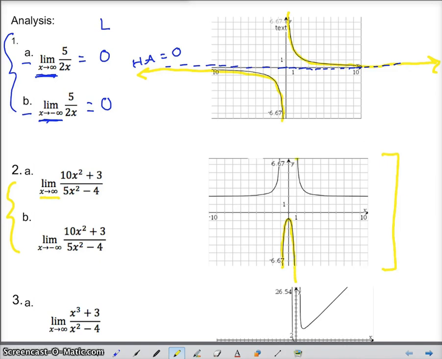So I'm going to skip over to the rightmost section of this rational function, and now I can see that x is getting larger and larger, or approaching positive infinity. Take a guess for what you think the limit as x approaches positive infinity would be.